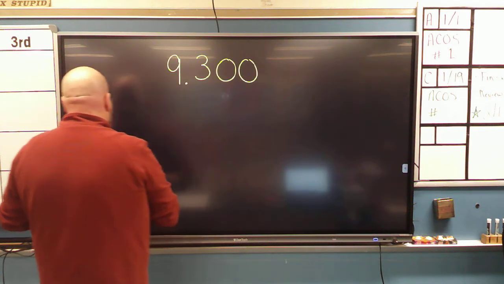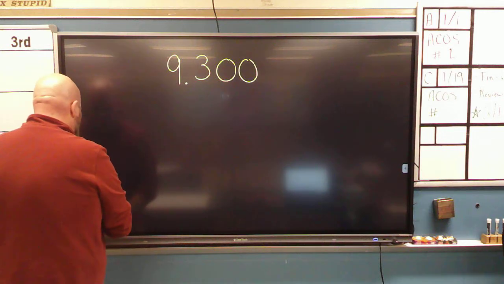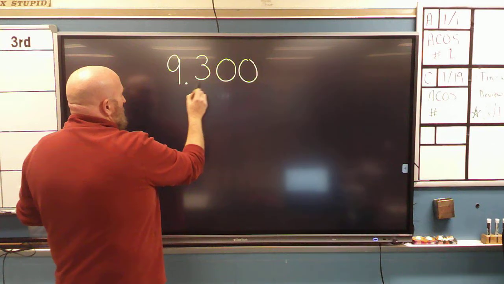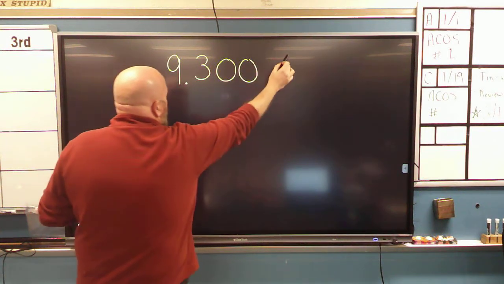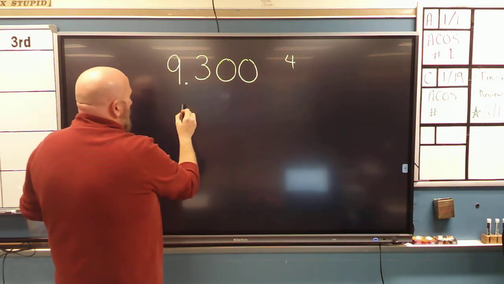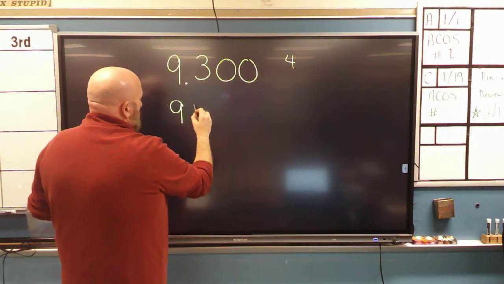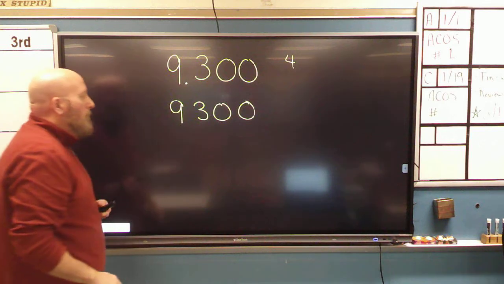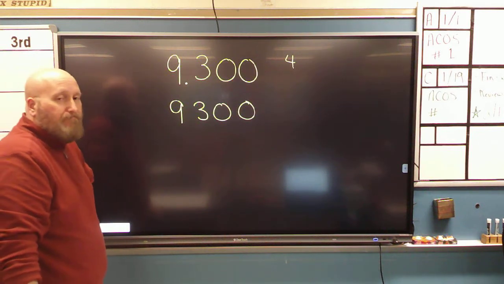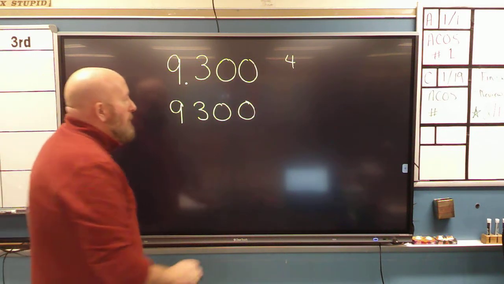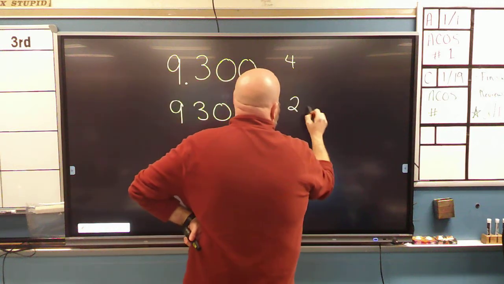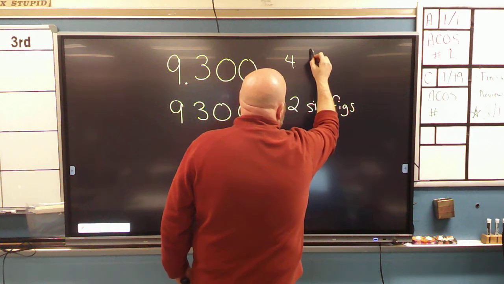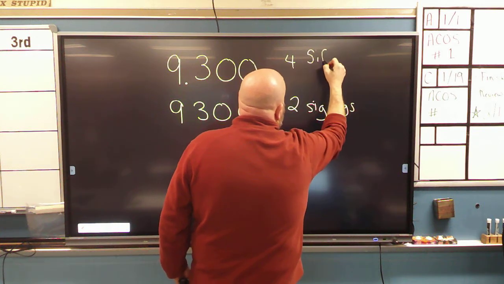There we go. These numbers here, because of that decimal, these zeros count. So I got 4. If I did this though, $9,300, there are only 2 sig figs, whereas this one there are 4 sig figs.